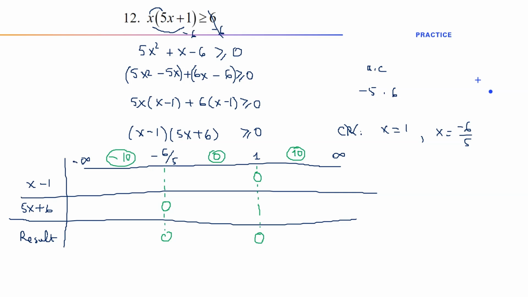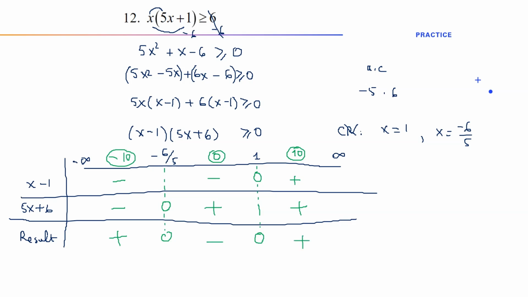Now use a test point. Negative 10 minus 1 is negative, negative 50 plus 6 is negative, result positive. At 0, negative, 0 plus 6 positive, so the result is negative. At 10, 10 minus 1 is positive, 50 plus 6 is positive, and positive times positive is positive.